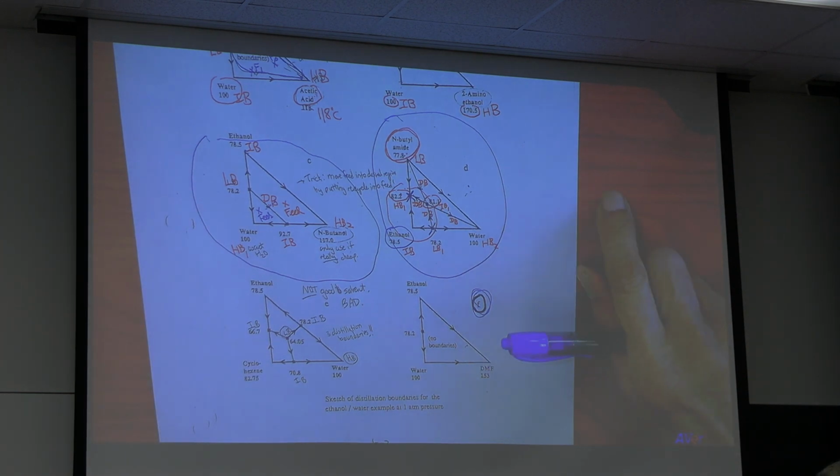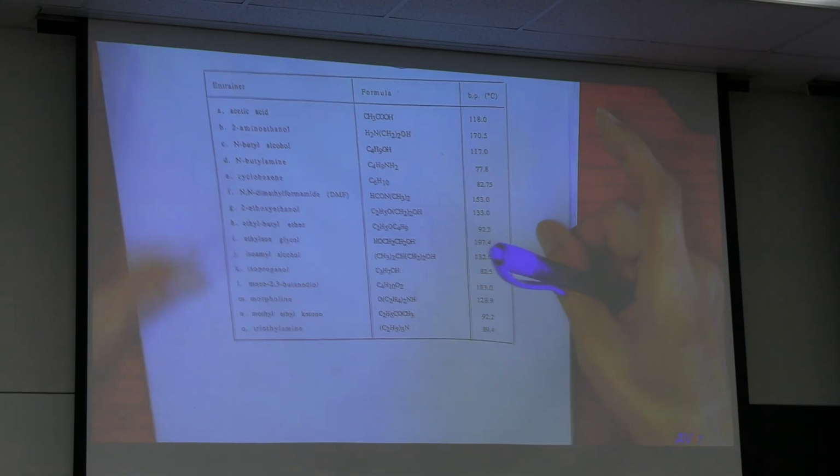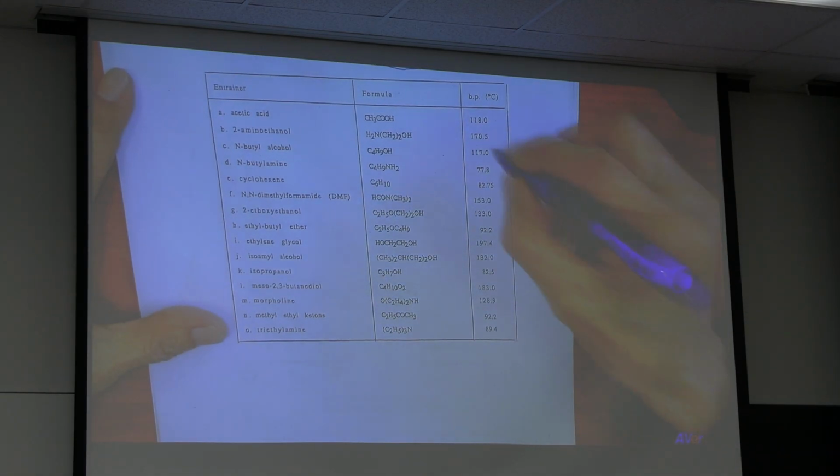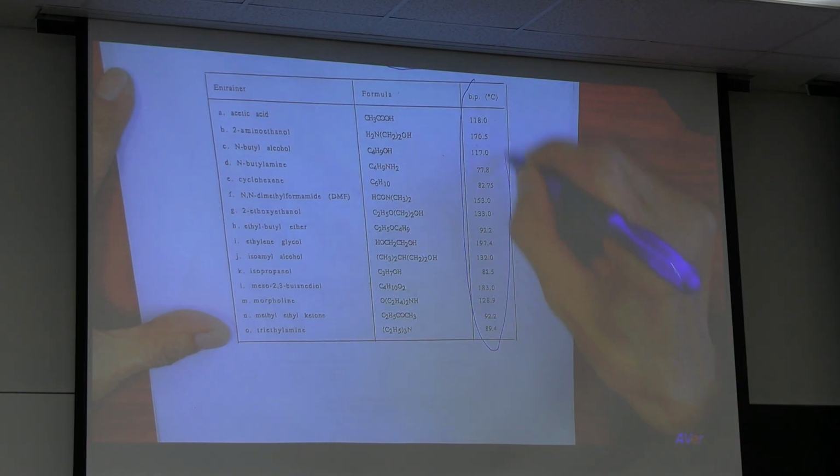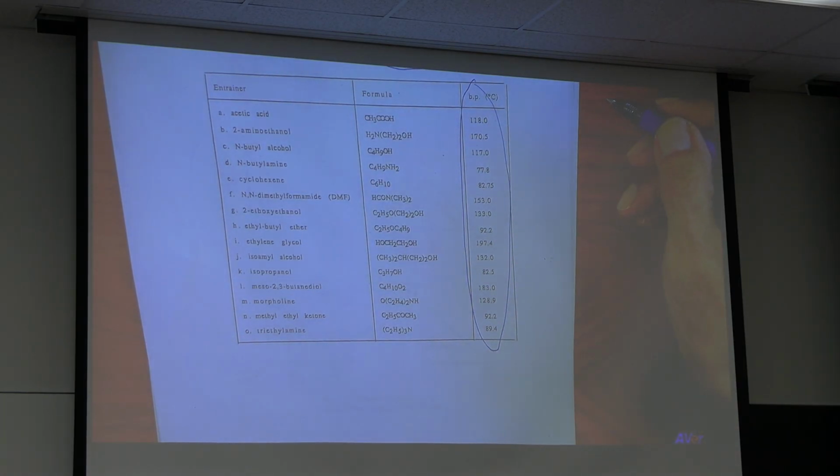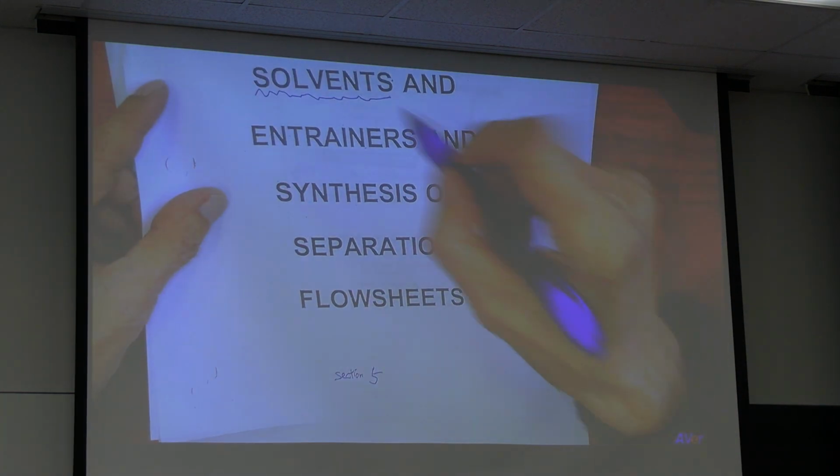So, even though chemists derive from pure component boiling point, they may have to do experiments to find binary azeotrope or ternary azeotrope, right? Or you go to the database to find it. 15 candidates, which you find is better. That is how we choose a solvent.